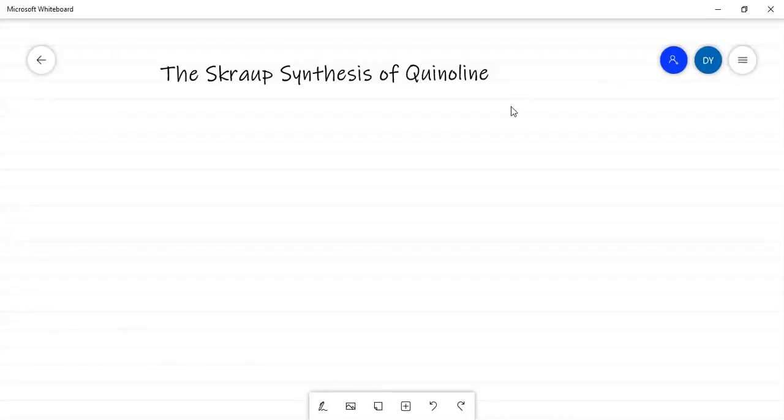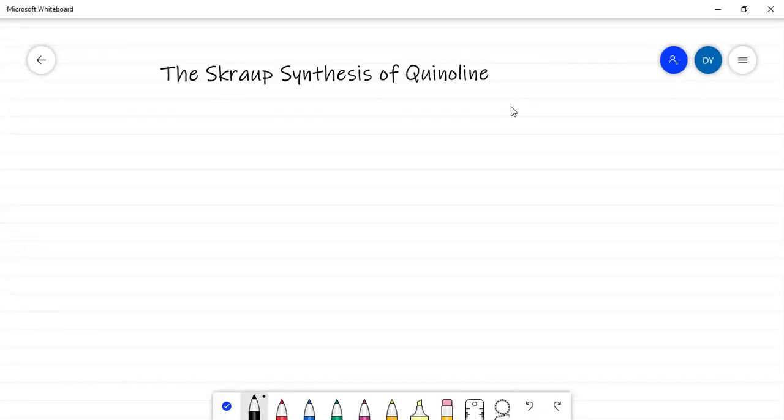So student, first of all, I'm going to write down the structure of quinoline. I hope everyone remembers the structure of quinoline. In quinoline, a benzene ring is attached with pyridine.